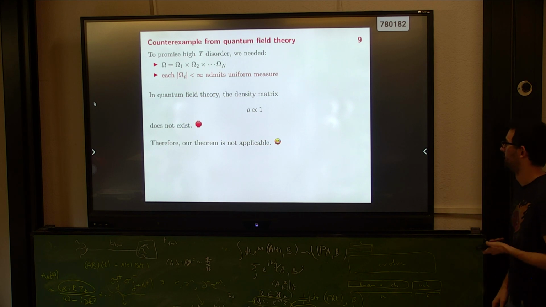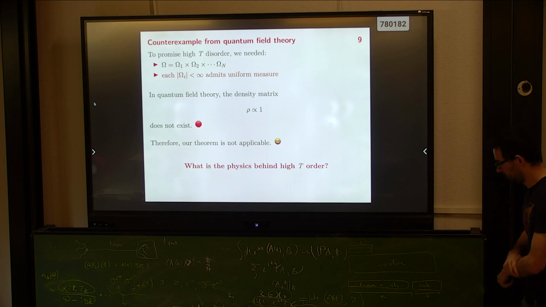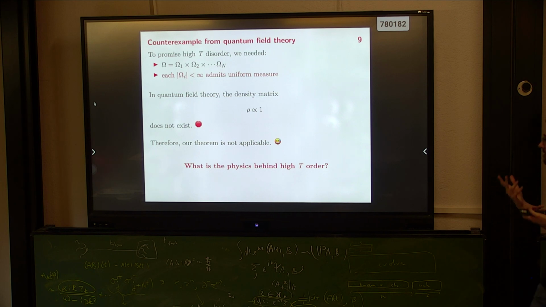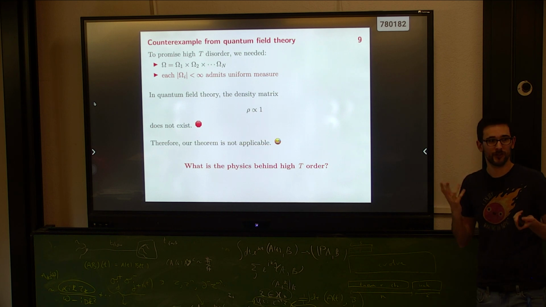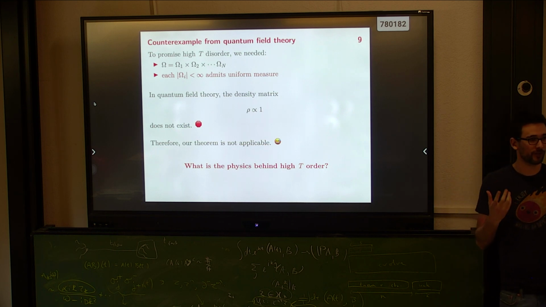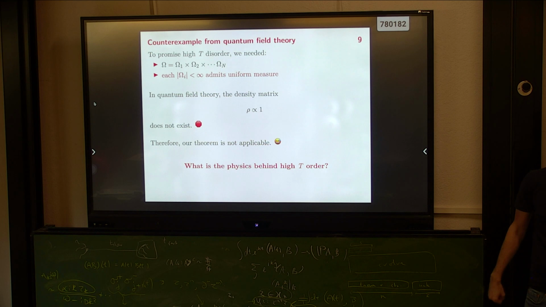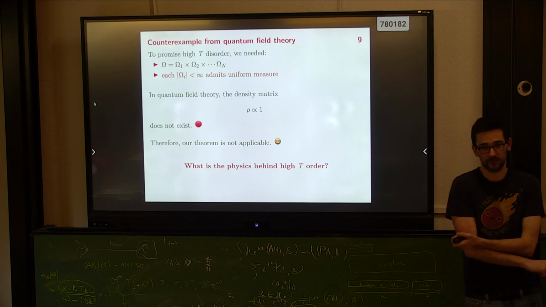And so the question that I would now like to ask is, what is the physics that underlies high temperature order in this quantum field theory? How is this possible? Is this just some mathematical quirk, or is there some actual physics that we can unpack behind this construction?